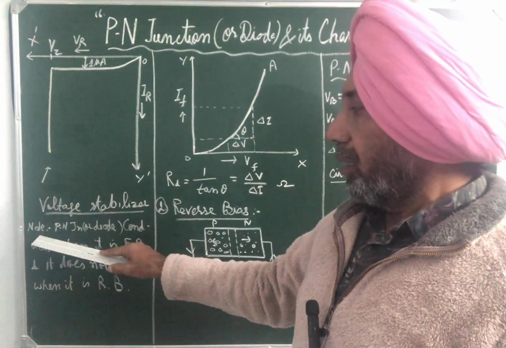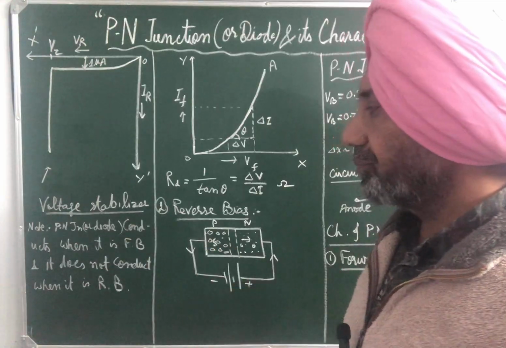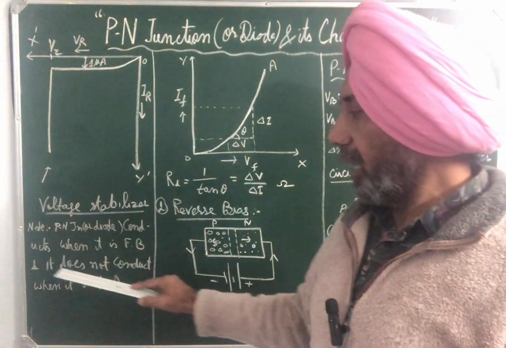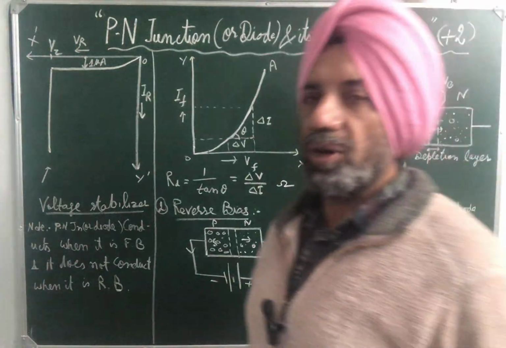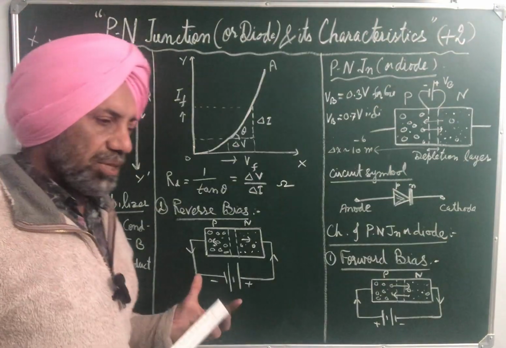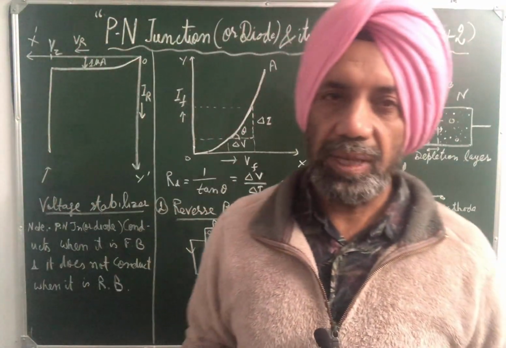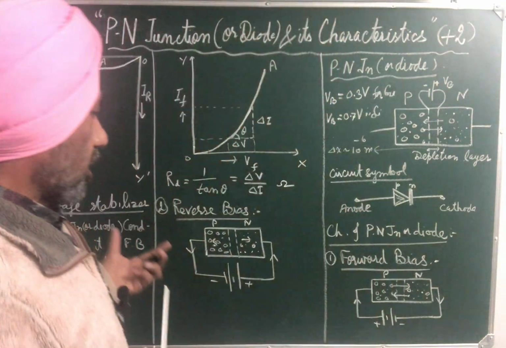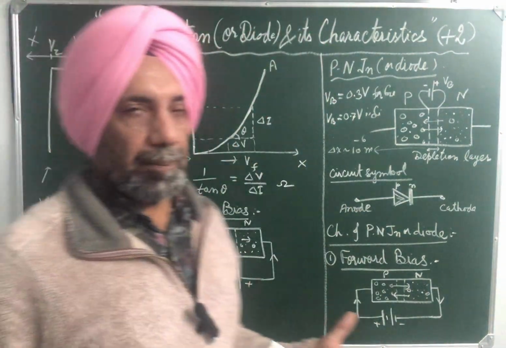So a PN junction diode conducts only when it is forward biased, and it doesn't conduct when it is reverse biased. This is the principle of a rectifier. One application of the PN junction diode is the rectifier.